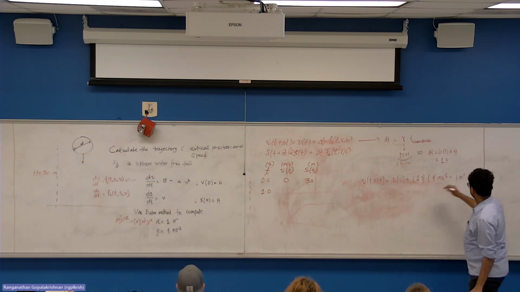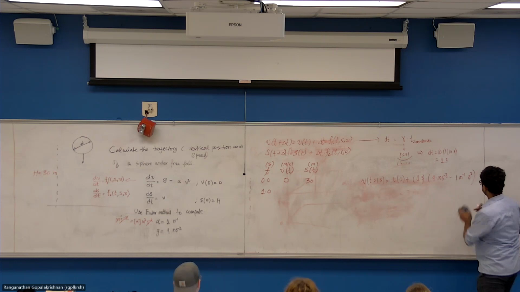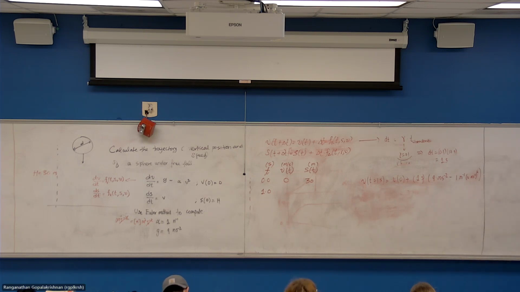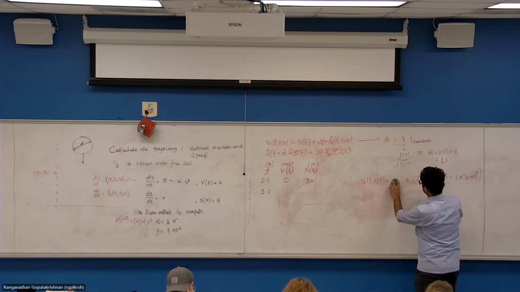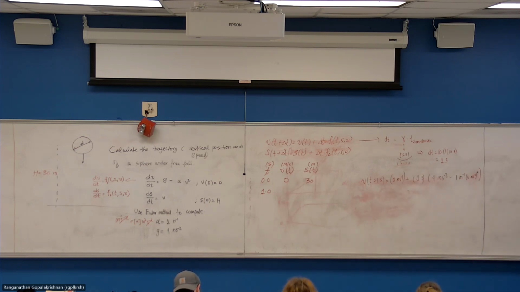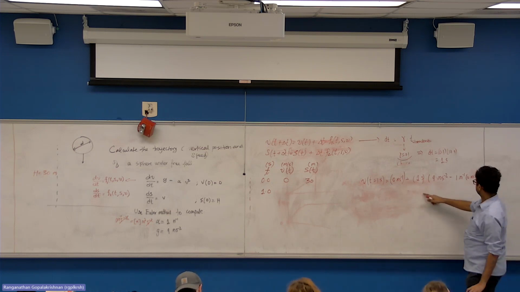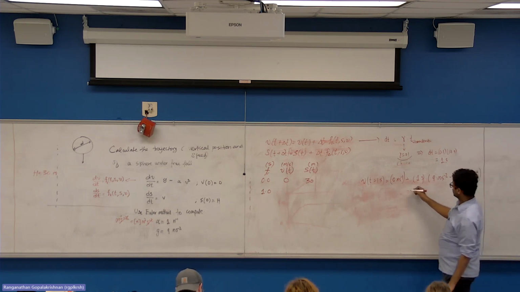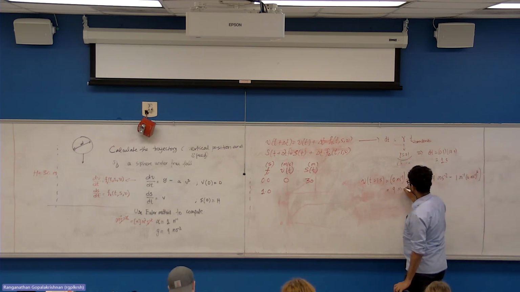What is my V squared? 0 squared, so 0 meters per second squared. Obviously, this is 0 and this is 9 minus 0, so this would be 9 meters per second.